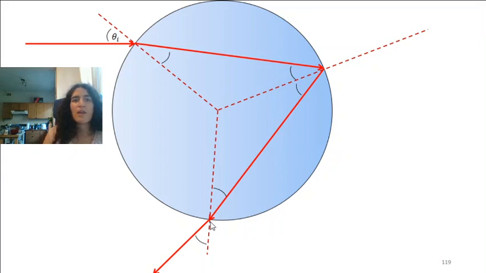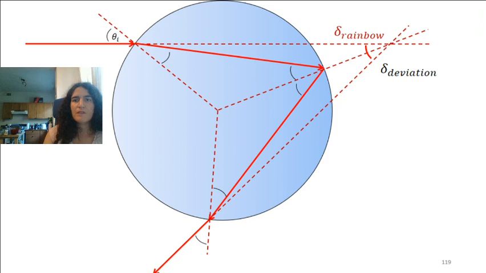So how could I come up with the total angle of deflection for this raindrop? I would take the difference between the incident ray and the outgoing ray, this line here. So that angle, delta deviation, is how much the light has bent. And if I take 180 minus this delta deviation, that gives me delta rainbow.